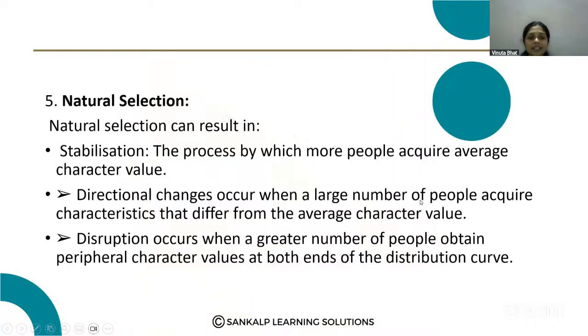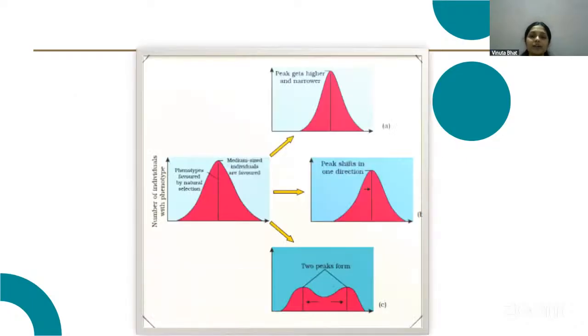The third one is disruption, which occurs when a greater number of people obtain peripheral character values at both ends of the distribution curve. So when they are not attaining the mean character, they are attaining the peripheral character. When they attain the peripheral character, you can see peaks like this. Here one character and here another character.